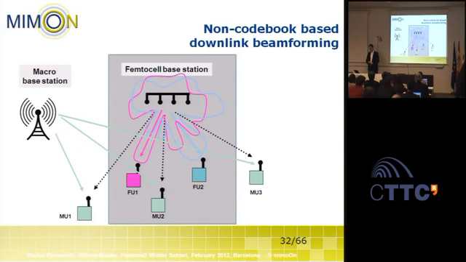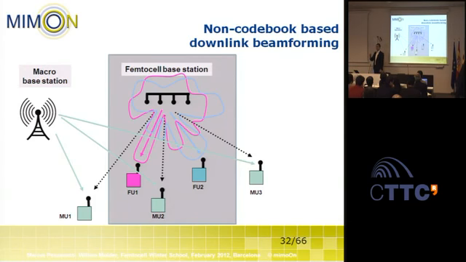So this shows how channel state information can be signaled back to the base station. However, in terms of spatial processing, these schemes are very limited, because the precoding is based on code books. So the capability of reducing interference among the users in the system is very limited. In the following we will look at MIMO schemes in LTE that have been recently introduced, which are based on non-codebook based downlink beamforming.